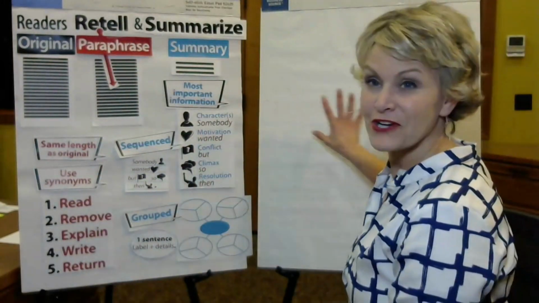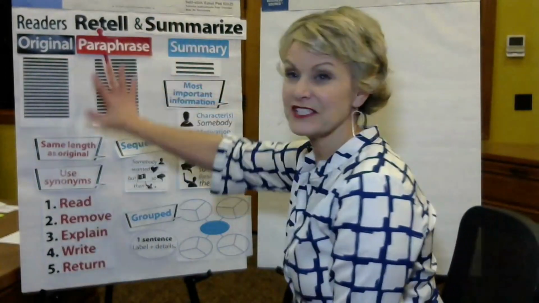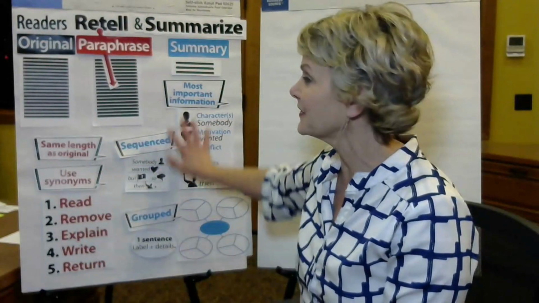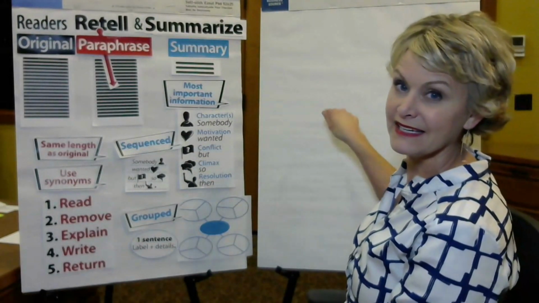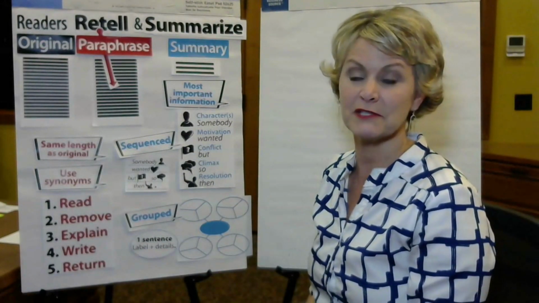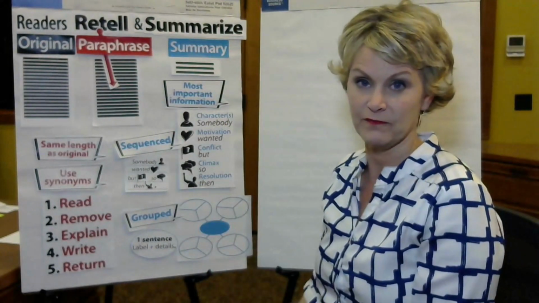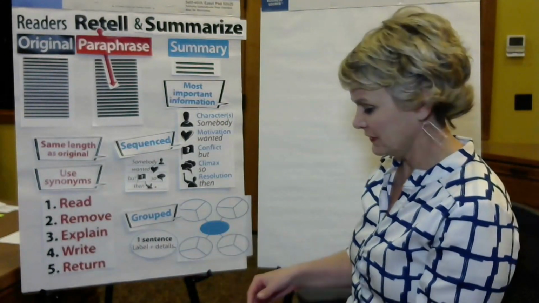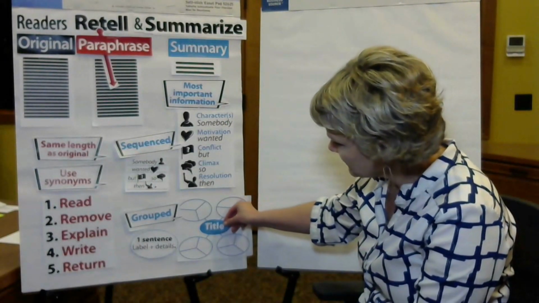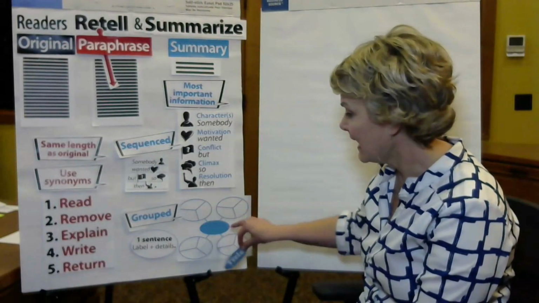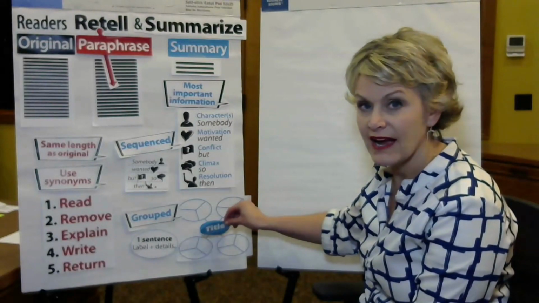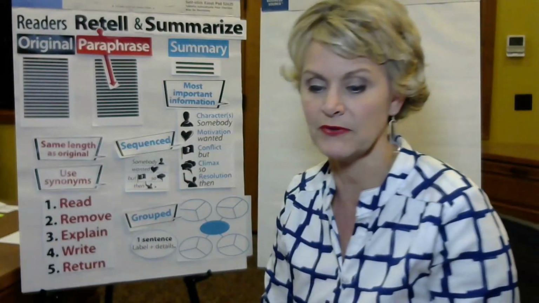I point that out because you see I have two charts today. This is the chart that's been anchoring our learning. This is our anchor chart, but this is going to be where we write our summary of this whole article. And so now look here. I just said that that's the title, right? So I want to take this apart, and I want to show you how this is going to turn into a summary.